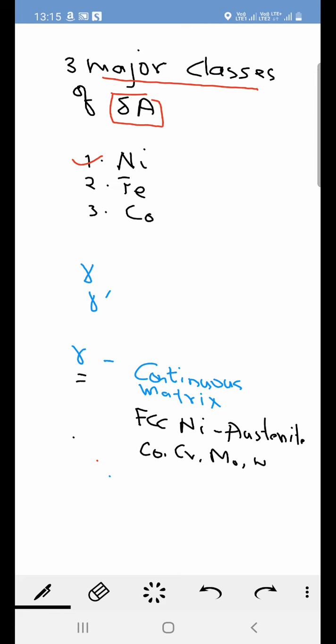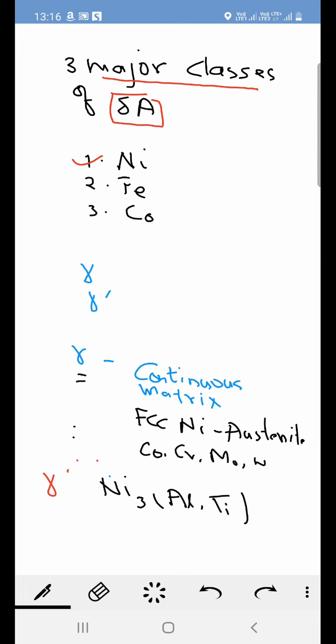This forms the gamma phase, and the gamma prime consists of Ni3, aluminum and titanium. This is a typical gamma prime of a nickel-based superalloy.